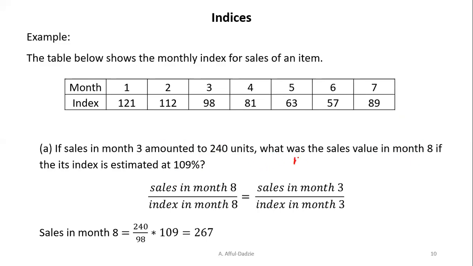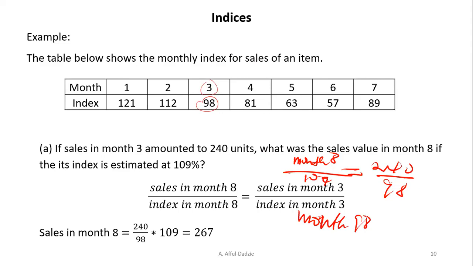So let me just call it month 8 over 109 equals the sales in month 3, which is 240, over the index in month 3, which is 98. So you have month 8 times 98 equal to 240 times 109.